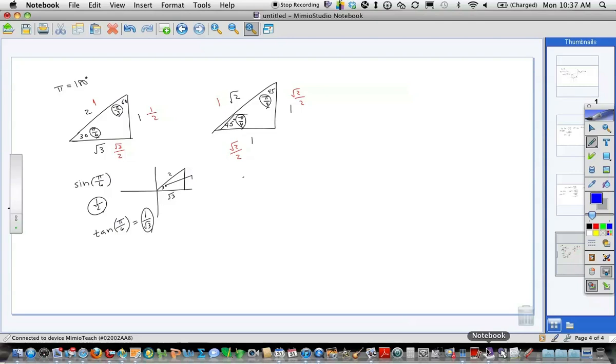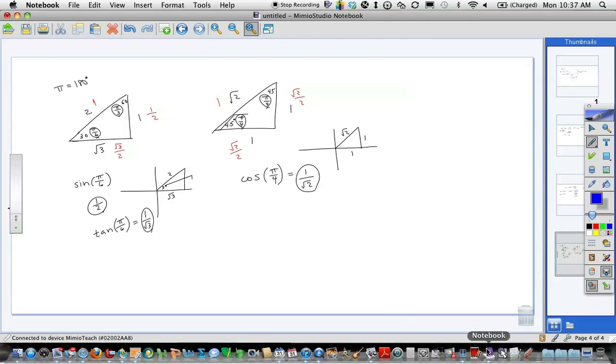Okay? All right. So, again, you'll have to memorize that triangle and its relationships. So if we ask for the cosine of pi fourth, draw yourself a picture. It's in the first quadrant. 1, 1, square root of 2. Cosine is adjacent over hypotenuse. 1 over square root of 2. It's okay to leave it like that. That's also square root of 2 over 2. Same thing. Okay?